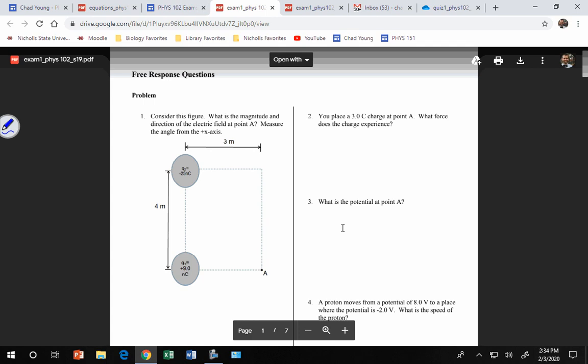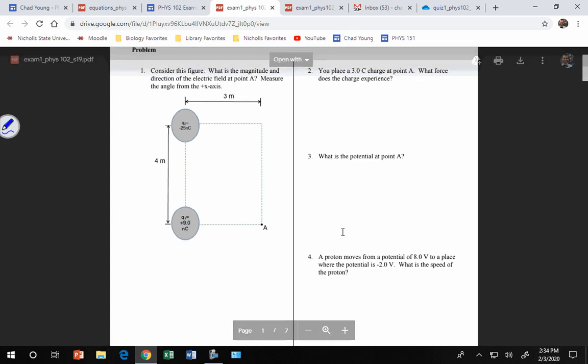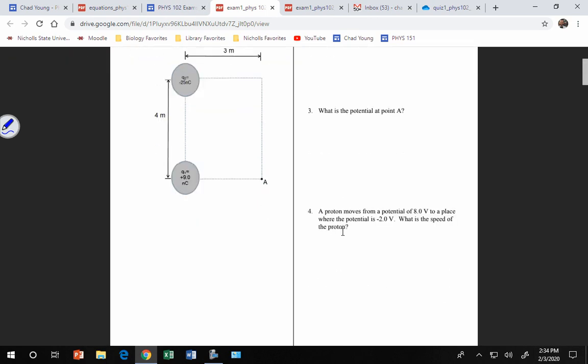So, the way you do this is you draw your coordinate system. It's right there, and I label my vectors. E2 is going to be in this direction, and then E1 is in this direction.